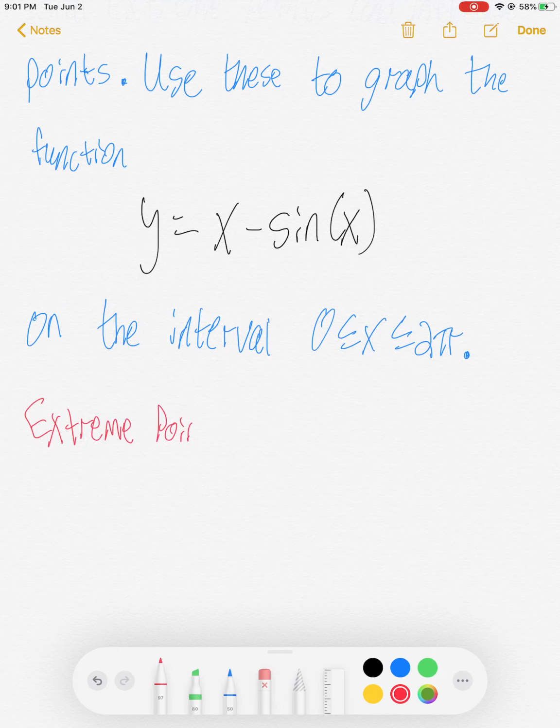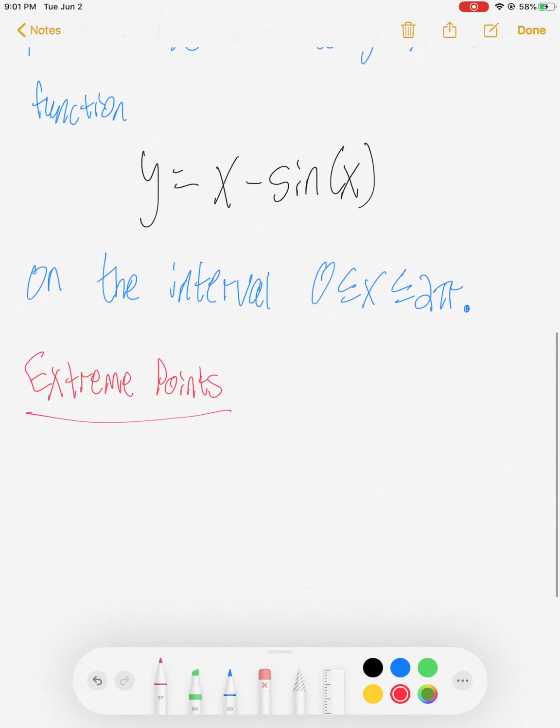So the first part asks us to find the coordinates of any local extreme points. So this doesn't officially break it up, but I'm going to go ahead and kind of do so. So first we're going to focus on extreme points.